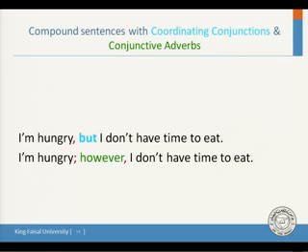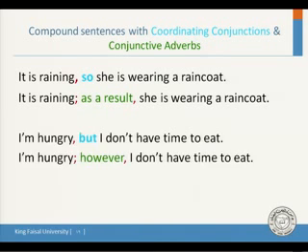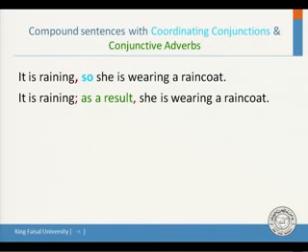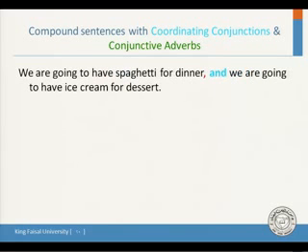They give the same meaning. And these two sentences also give the same meaning. One with a coordinating conjunction. We have and, but, or, and so. And one with a conjunctive adverb, the green one. Conjunctive adverb.